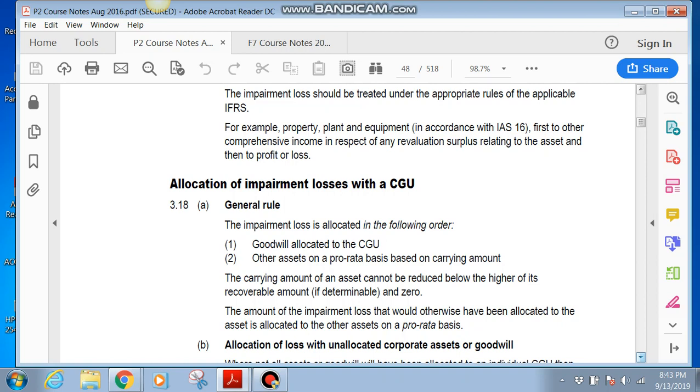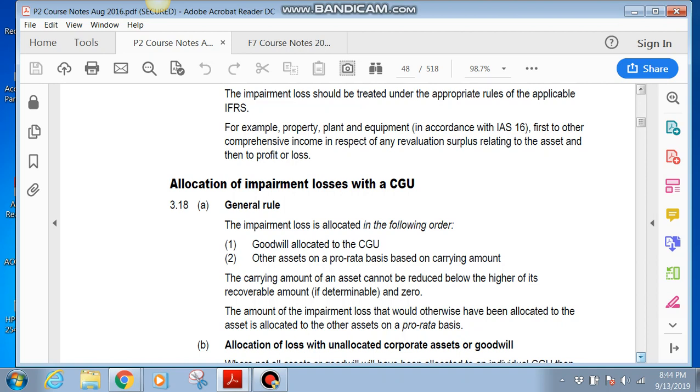Now, this general rule you are given, but for exam purposes, the examiner tends to bring goodwill, which is always included, then also another asset will be identified as being impaired by a certain amount.